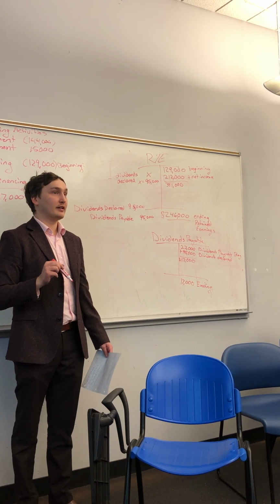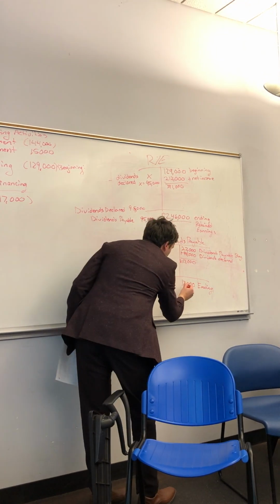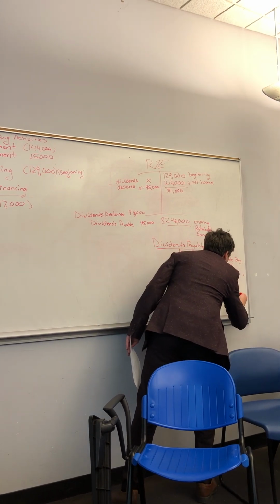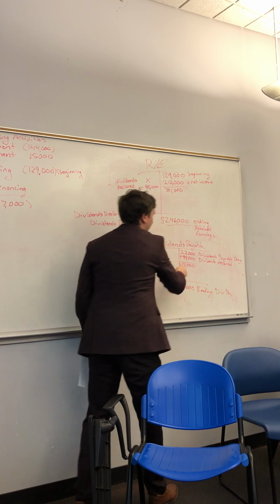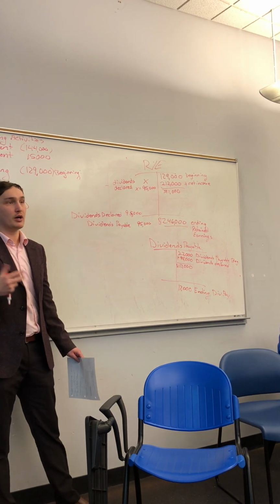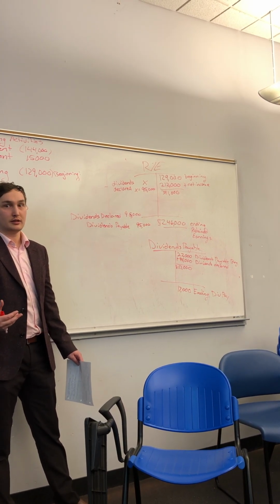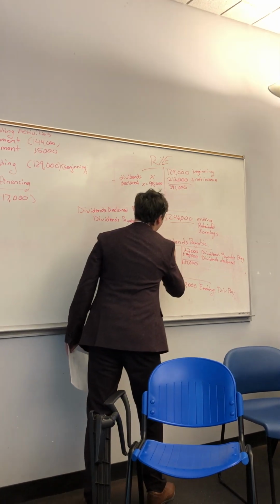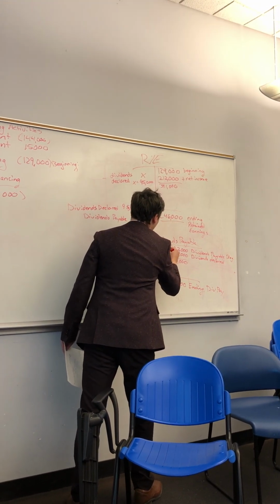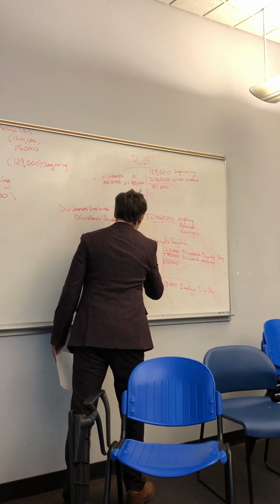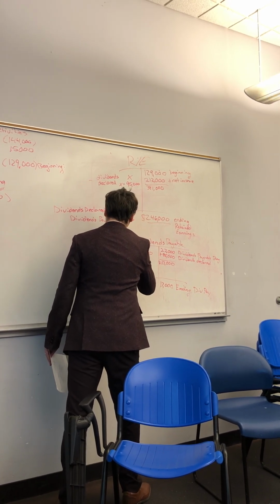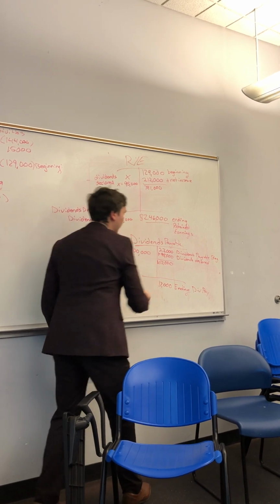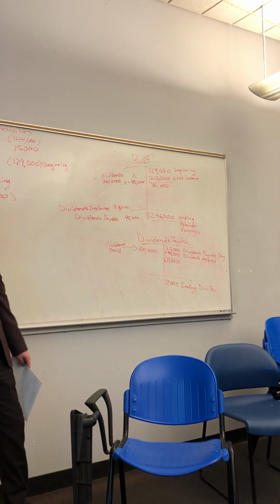If we end up with 17,000 ending dividends payable, but we have a balance here of 117,000, then what must we have done? We must have paid out the difference, $100,000. Dividends paid. Now that balances.